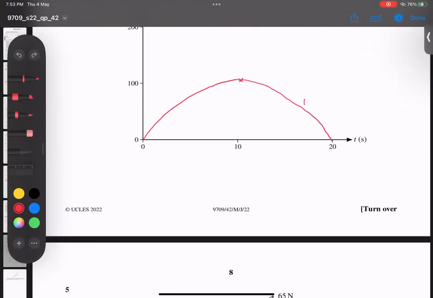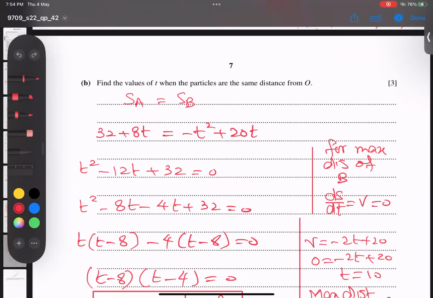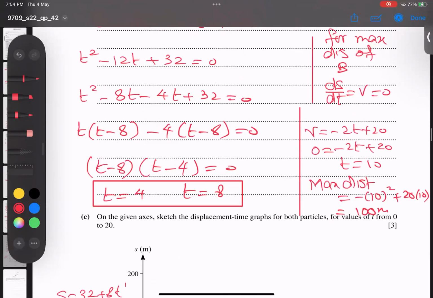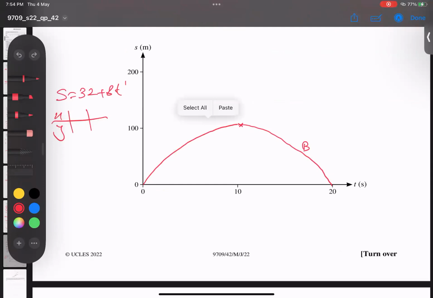So the B particle diagram is done. Now what about the A particle diagram? A particle is very simple. You know the straight line equation, students? What is the method to draw 32 plus 80t? Since it is a straight line, because the power of t is 1, we only need 2 points. For a curve I can take more than 2 points, but for a line 2 points are enough.